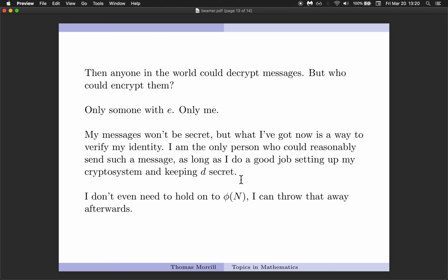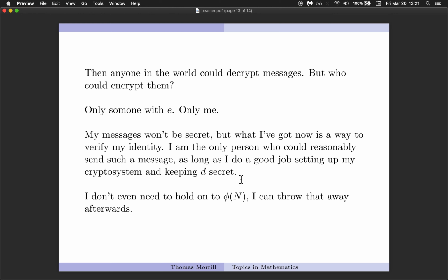So instead, if I want to make a statement that I agree to this contract, or I authorize this purchase, or I am sending $300 from one bank account to another, I'll write that message out.